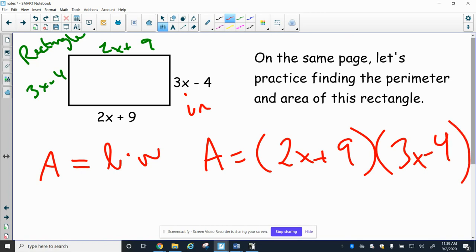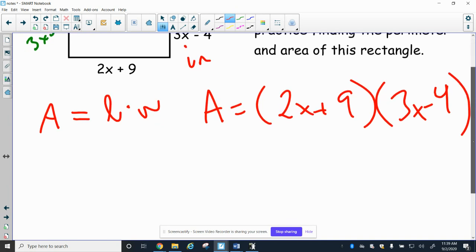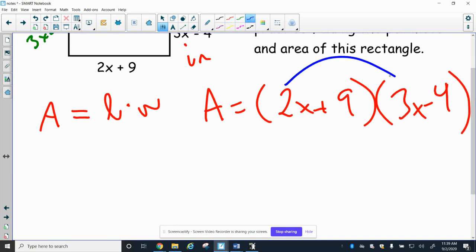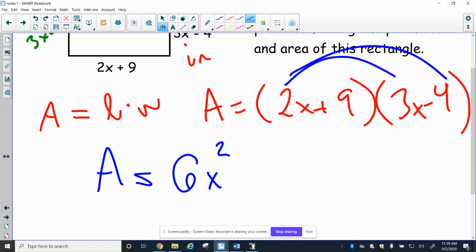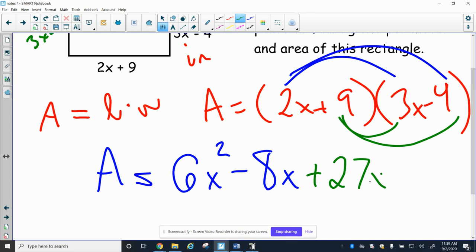We see how this application problem lends itself into our lesson, right? Because now this becomes a double distributing problem. So we'd multiply 2x to both. We'd have 2x times 3x, that's 6x squared. 2x times negative 4, minus 8x. 9 goes to both. 9 times 3x, plus 27x. 9 times negative 4, minus 36.